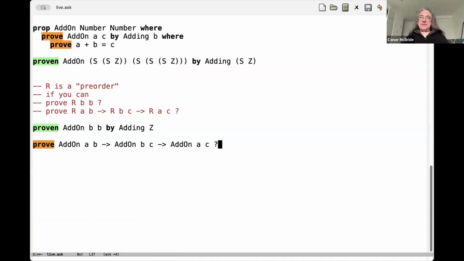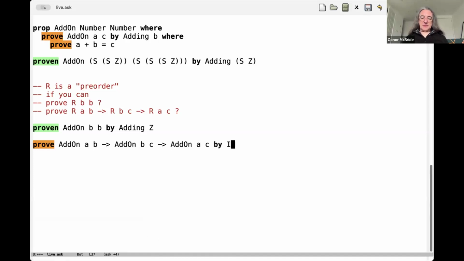The technique is that you introduce the assumptions one at a time, and you squeeze as much information out of them as possible as you go along.